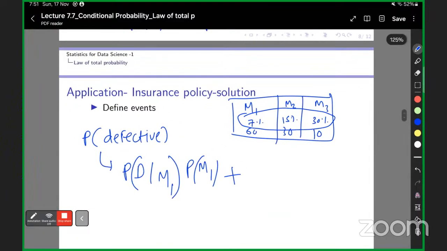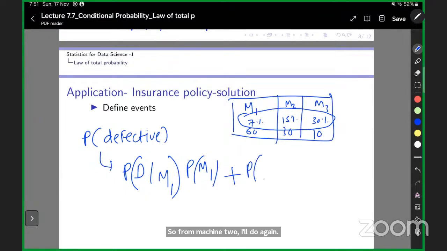So from machine 2 I'll do again that defective, and it's coming from M2, and I'll multiply with probability of M2, right?